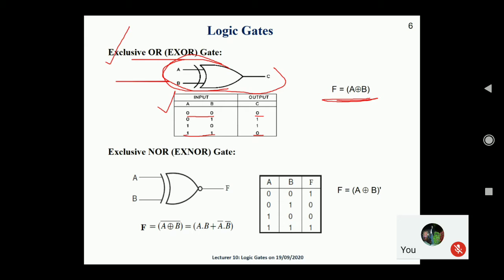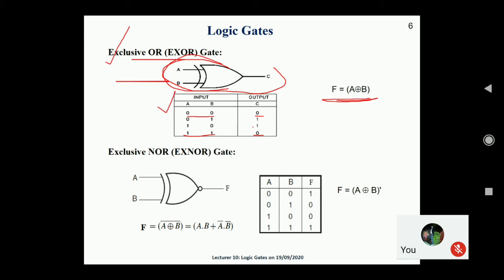When both the inputs are 1, the output is also 0, and otherwise it is 1. Also, you can form different meanings from this truth table. You can say that if an odd number of inputs are 1 in the input sequence, then the output is 1.